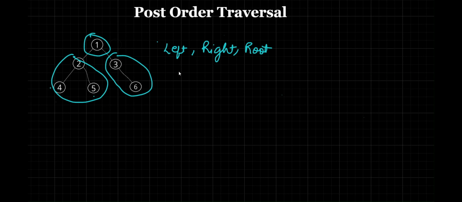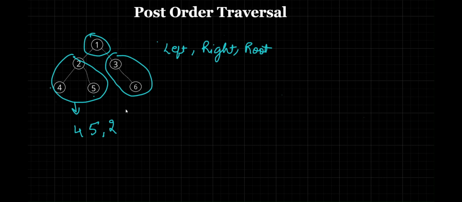Whenever we are writing any post-order traversal, let's suppose I am taking this subtree. Here also we'll first take the left child, then the right child, and then root. So this is the post-order traversal of this left subtree.